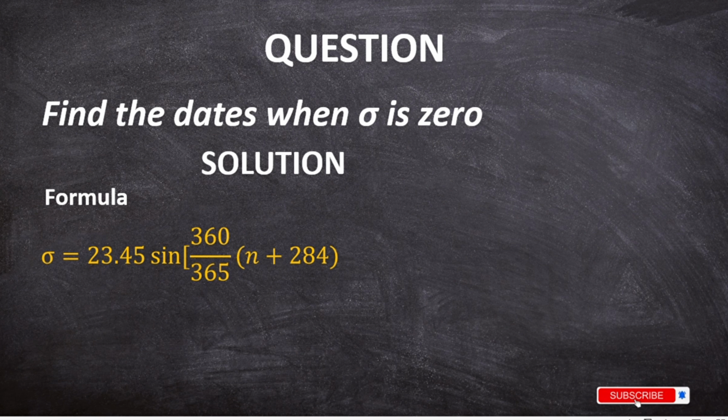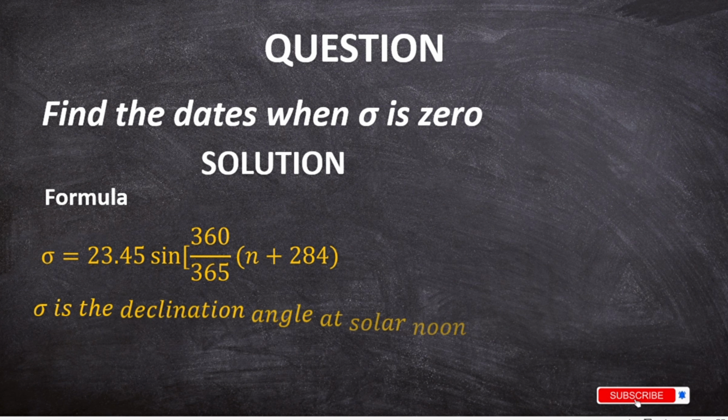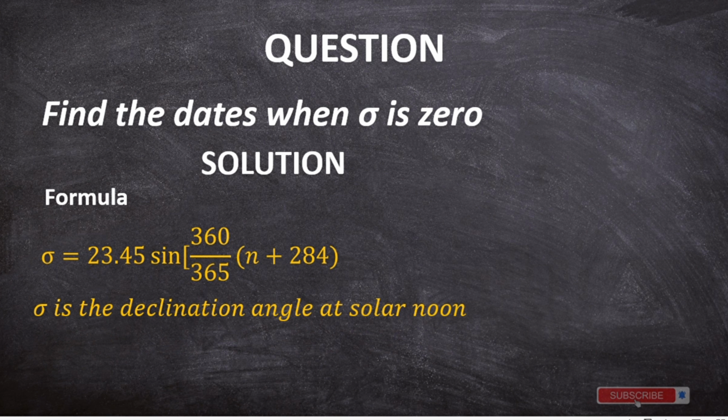We have to explain the terms in this formula. Sigma is the declination angle at solar noon, the same as what we said earlier, and n is the nth day of the year.